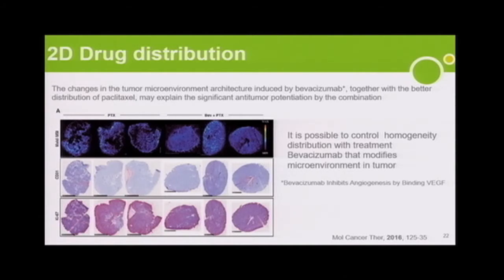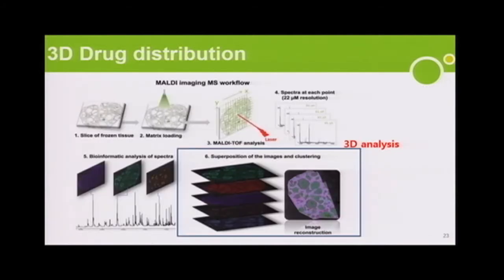So in the clinic, paclitaxel is administered with bevacizumab, and we hypothesized that this could be the way by which bevacizumab enhances the distribution of paclitaxel in the tumor. Then we said, okay, everything is working, we boost our technique, we want to go further.